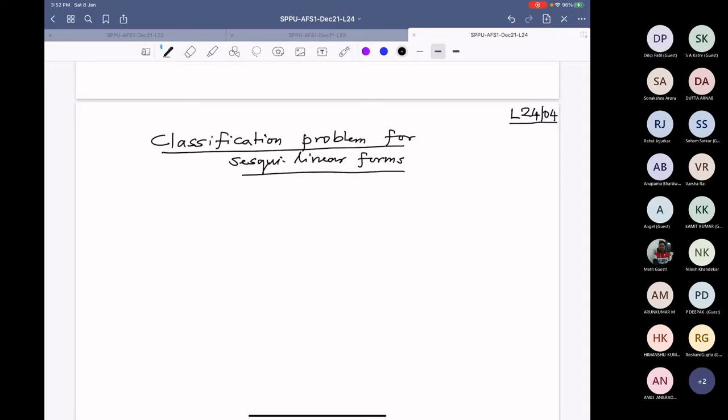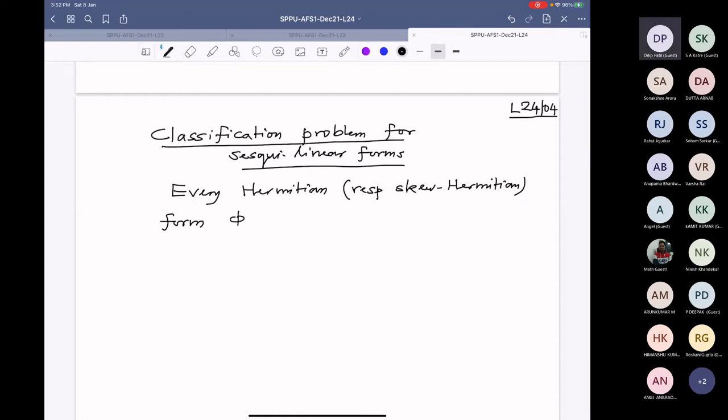Start with, let me write: every Hermitian, respectively Skew-Hermitian form phi on finite dimensional V is congruent to a diagonal matrix.